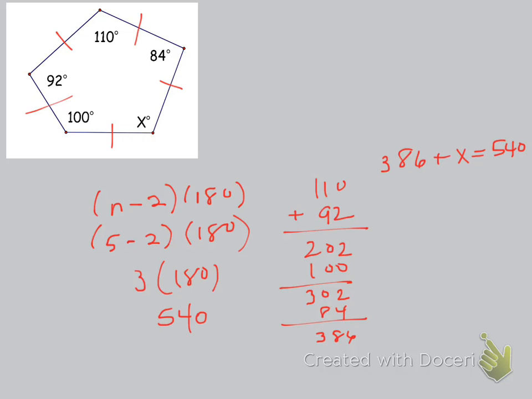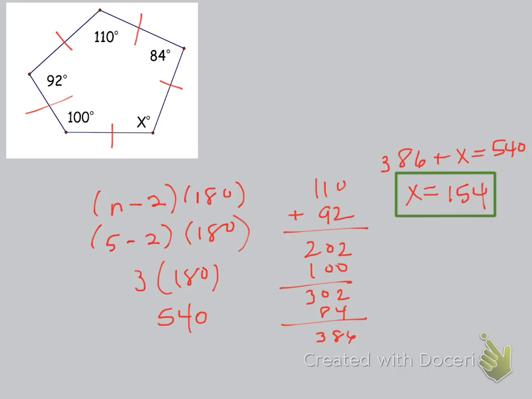So subtract 386 from both sides and you end up with 154 degrees. So x is equal to 154.